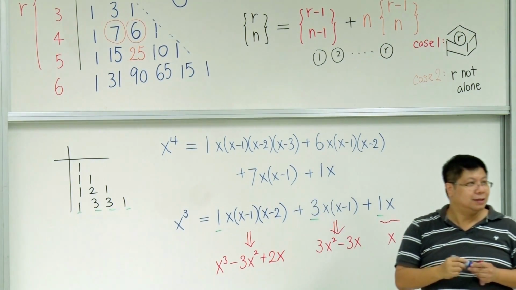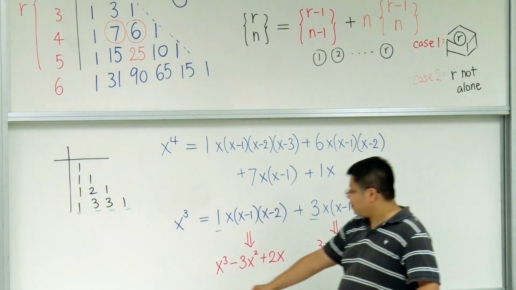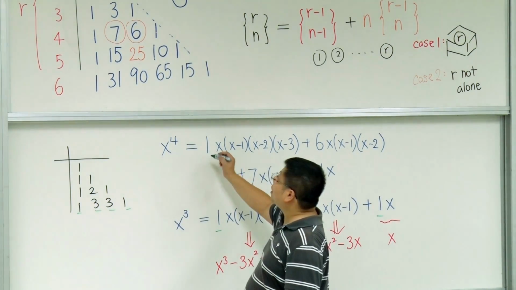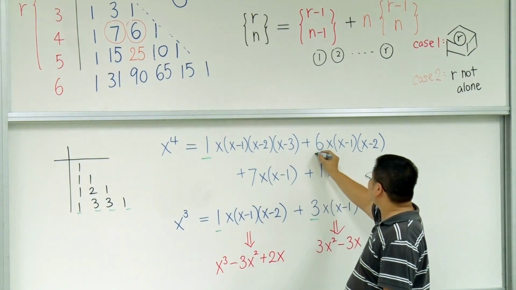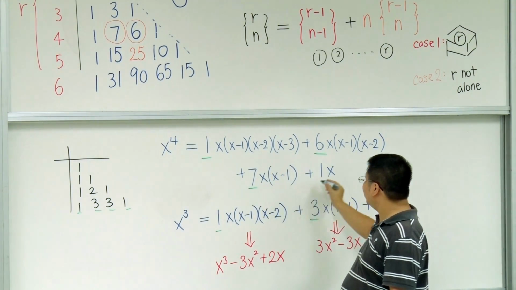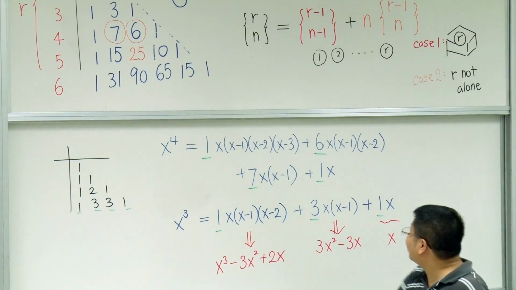Is that okay? This time it's more tedious, but these are the terms. We are reading this backward: we have 1 here, 6 here, 7 here, and then 1 here.